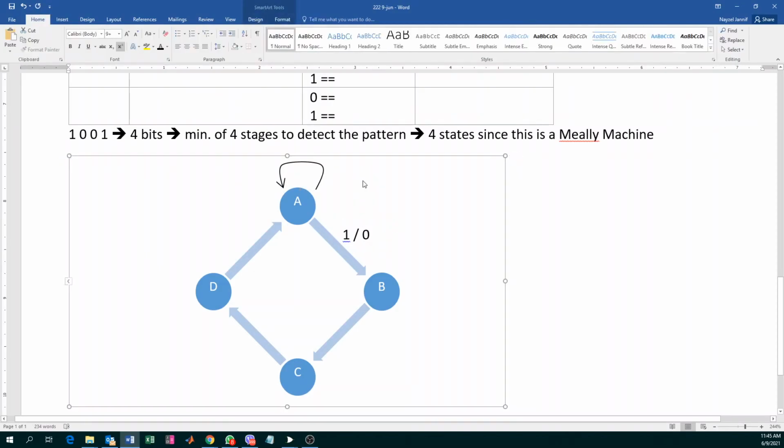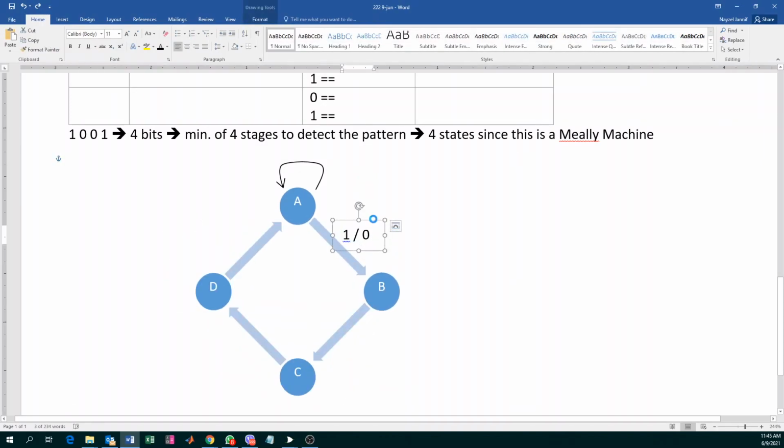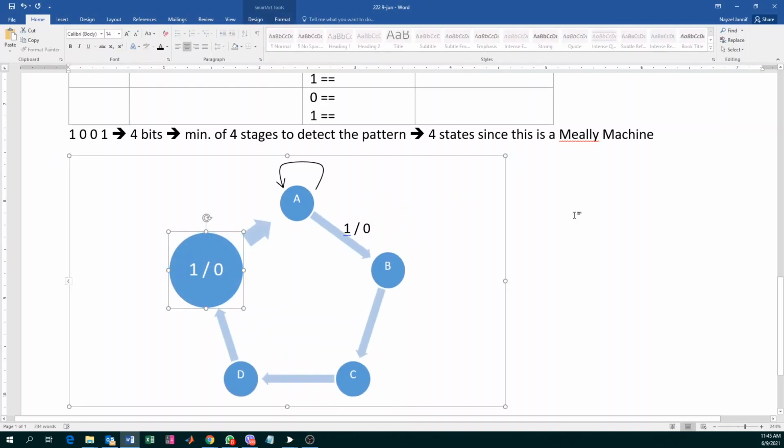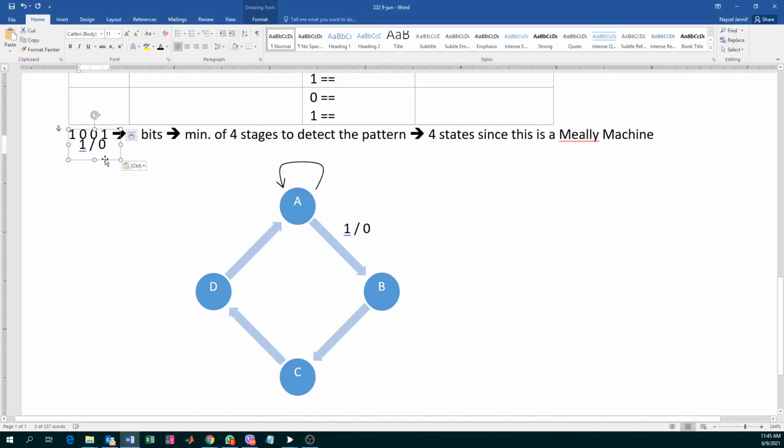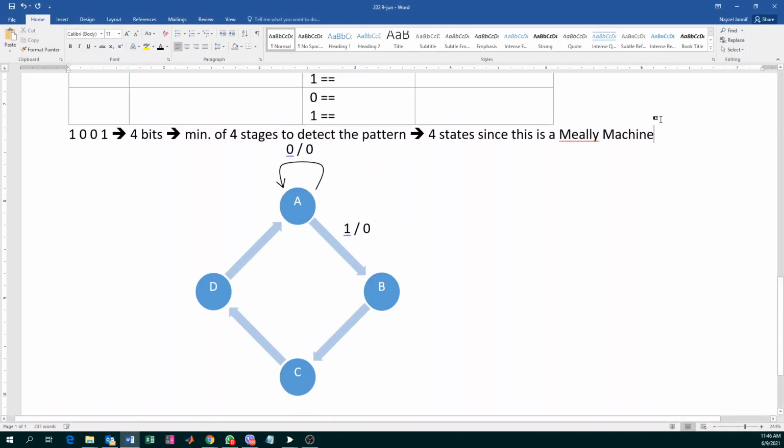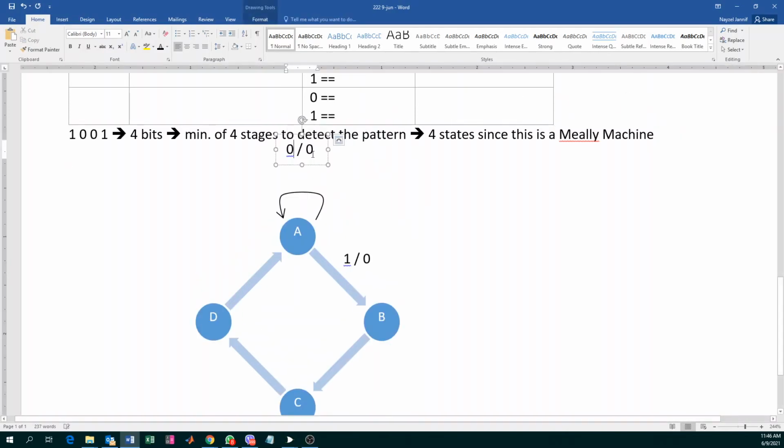In that particular scenario, your input was 0 and your output was also 0.